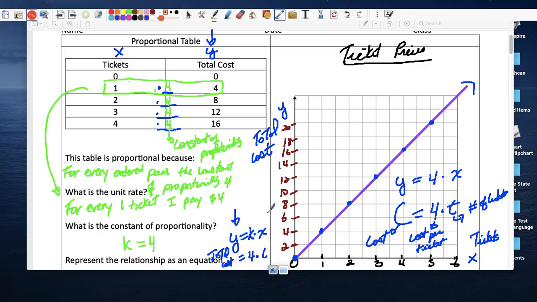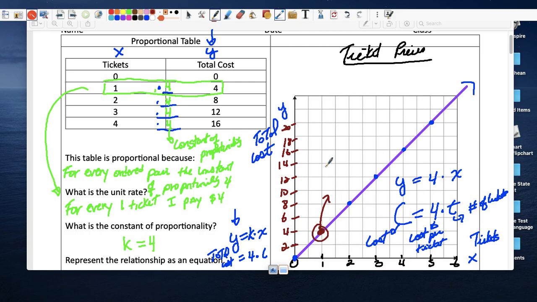So this is the summary of what you need to know before we start the unit. You need to know what the unit rate is. Here's my unit rate. For every one ticket, I paid $4. Where's the unit rate on the graph? On the graph, it's right here. It's always going to be 1 and something. In this case, let me circle that.